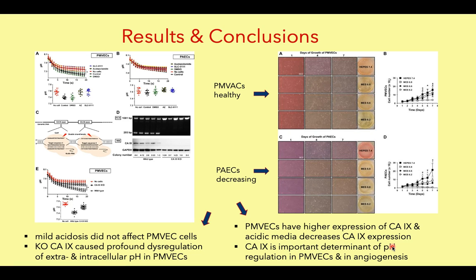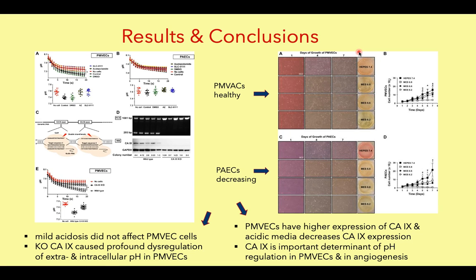So when we look at their results here, there are 3 graphs, A, B, and E, that show variations in treatments of cells, and they monitor the pH over a period of time. And it did appear that the microvascular endothelial cells were not affected by the decrease in pH. Over here, we can see the growth of the cells over a period of about 7 days.